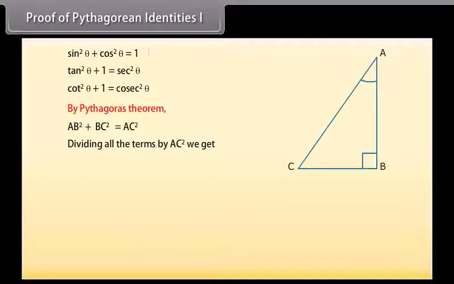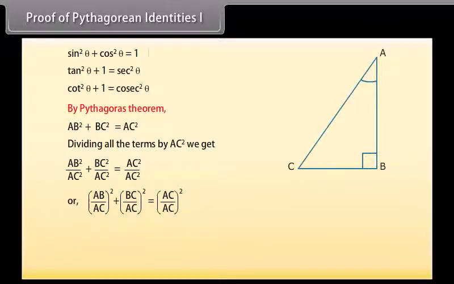Now dividing each term by AC square, we can write it as (AB upon AC) whole square plus (BC upon AC) whole square equals (AC upon AC) whole square. That is, cos square A plus sin square A is equal to 1.